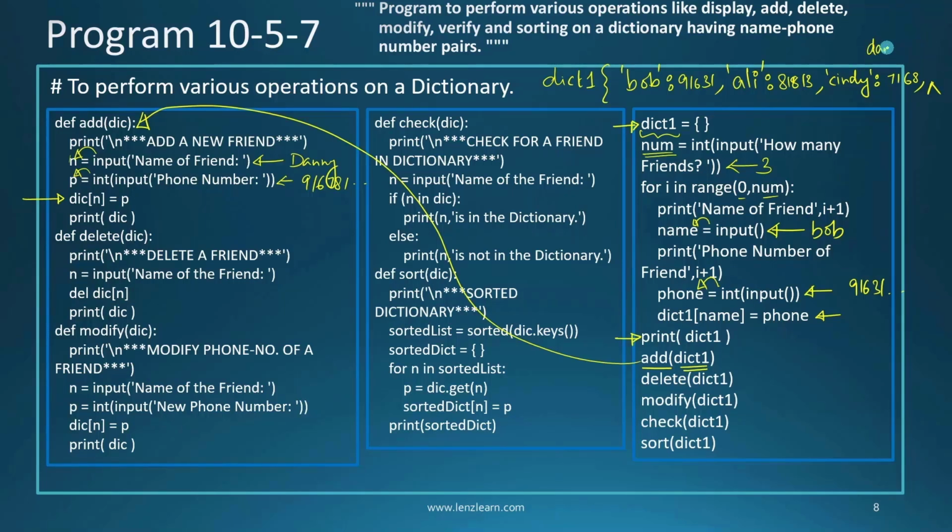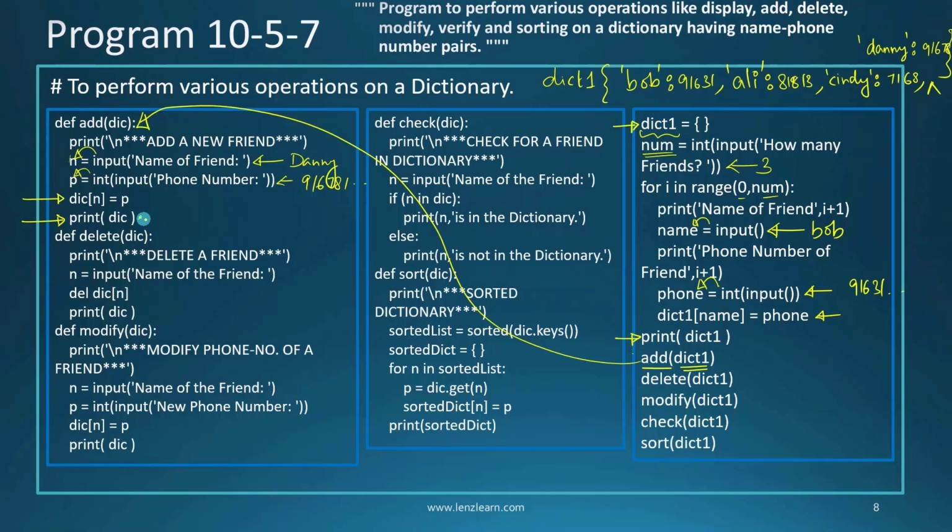It is going to be Danny with his mobile number 91678 something like that, and the dictionary will stop over there. After that I will print the dictionary. Now you can see inside the dictionary you will have 4 items. So using the function add, I have added a new friend's phone record.